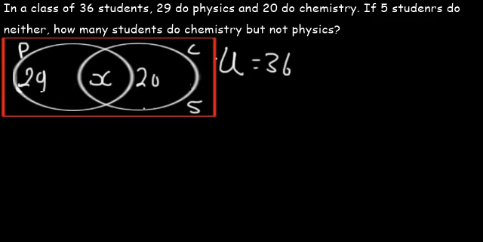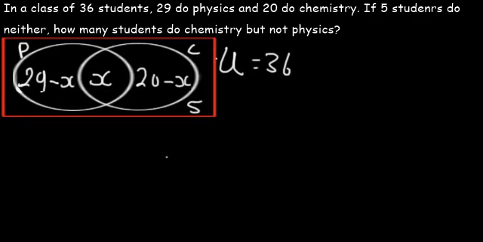In order to get the value of those that study only physics or only chemistry, we need to remove the value of those that study both from them. So this expression over here turns out to be 29 minus x, and at the same time, this value over here turns out to be 20 minus x. These will give us the value of those that study physics alone or chemistry alone.